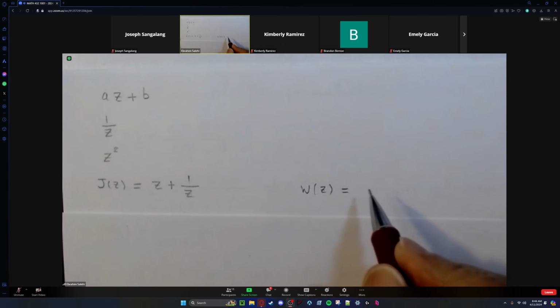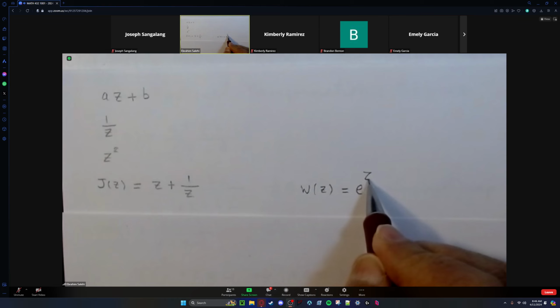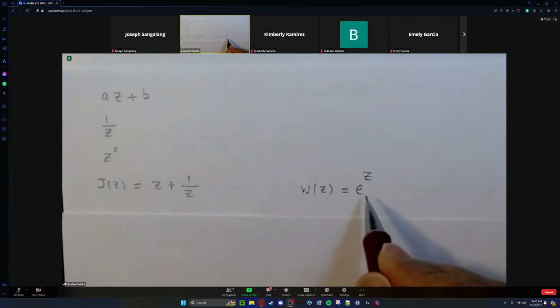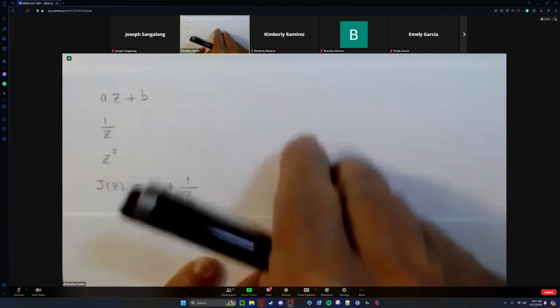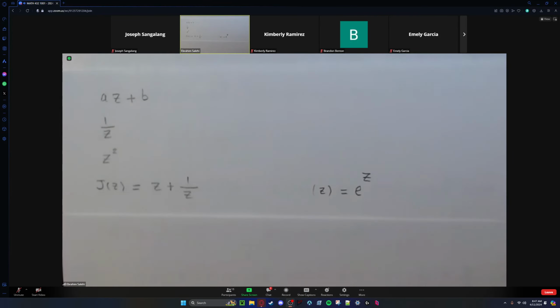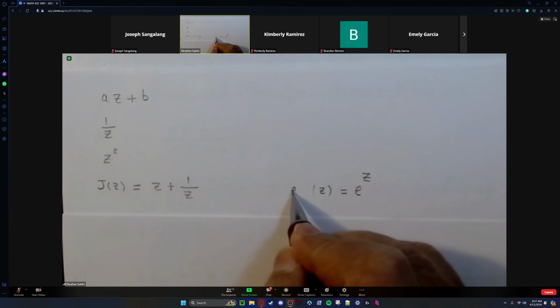Usually we use the exponential function, exp. I also talked about the e to the z function. It doesn't matter, it's the exponential function.